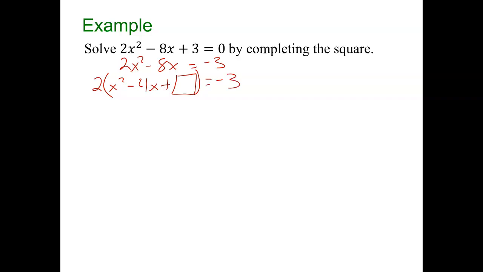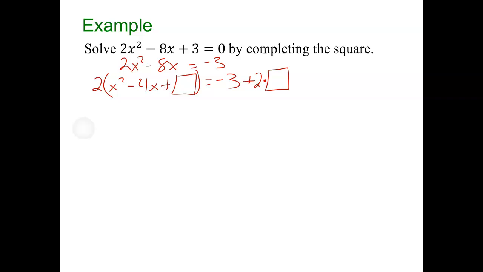What else do I need? Before that, this line isn't done. I need to multiply by 2 because I factored out the 2. Factor out the 2, multiply by 2. Okay? Don't forget it.